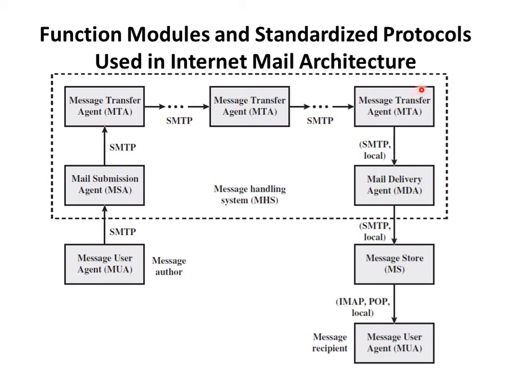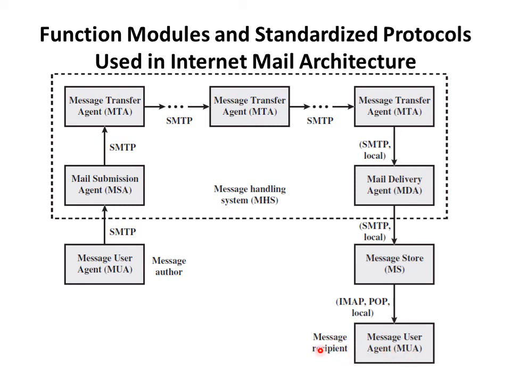This architecture involves three types of interoperability. One is directly between the users. Messages must be formatted by the MUA on behalf of the message author so that the message can be displayed to the recipient by the destination MUA. So this is the destination MUA.